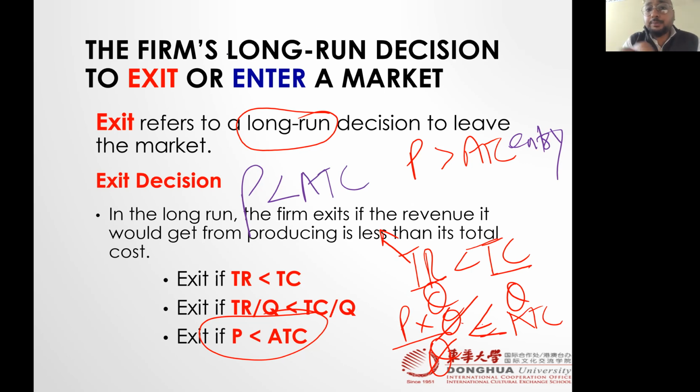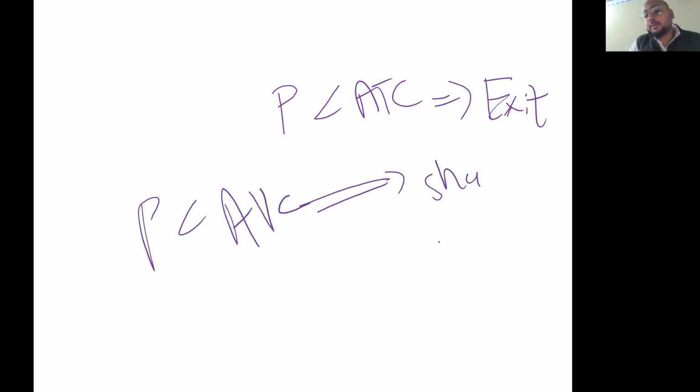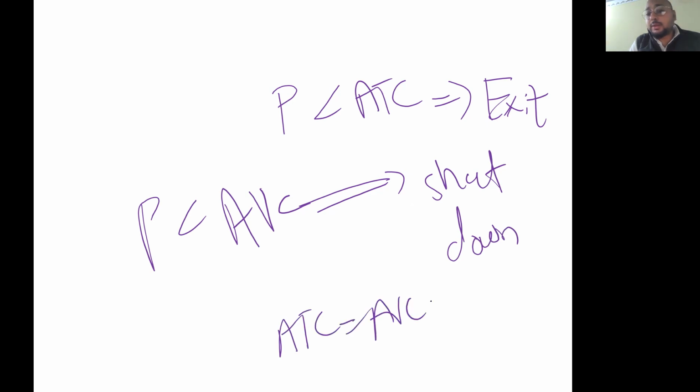Remember, for the long run. Some students say, sir, we said that if price is less than average total cost, we exit. And then we said that if price is less than average variable cost, that means shut down. And the average total cost is equal to average variable cost plus average fixed cost. So remember this very carefully.